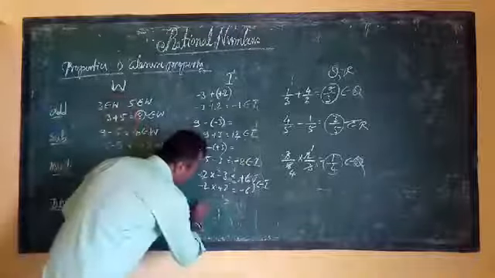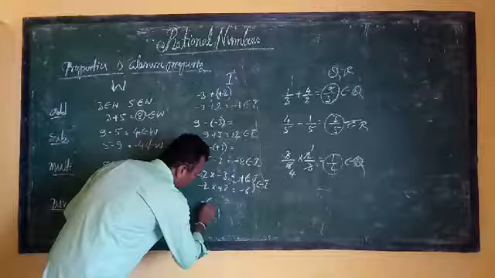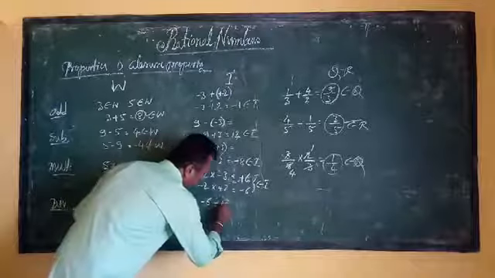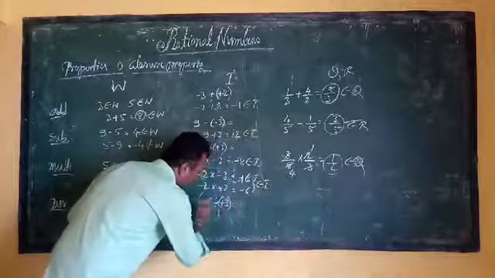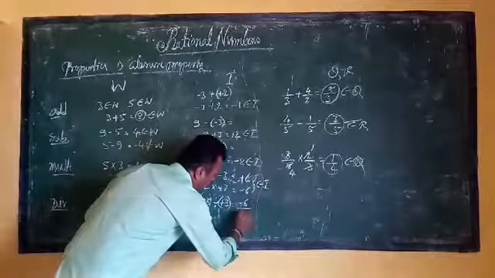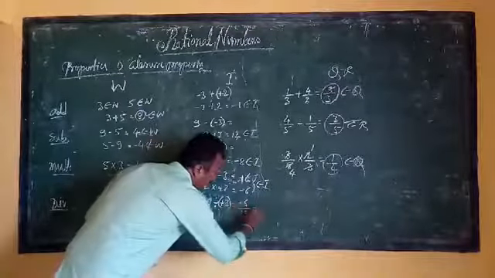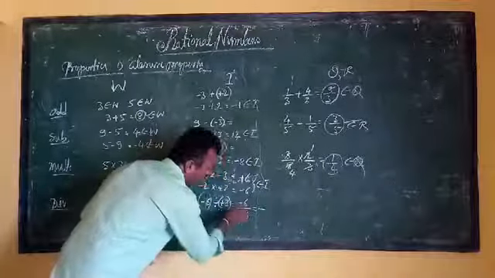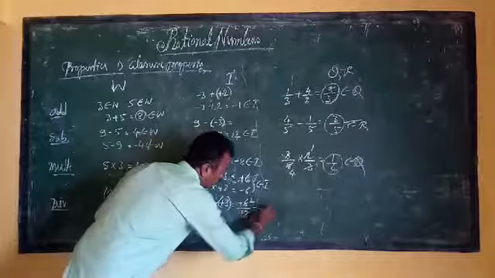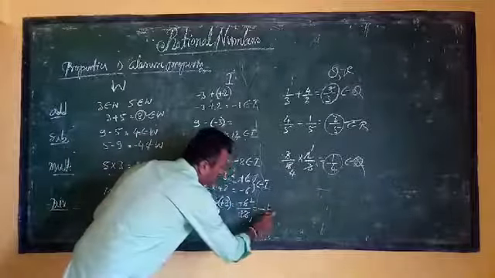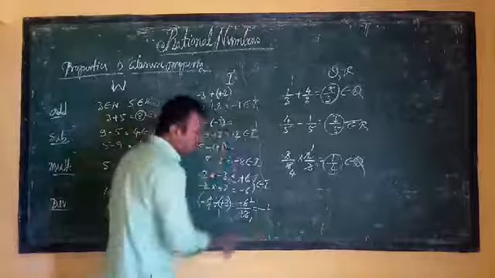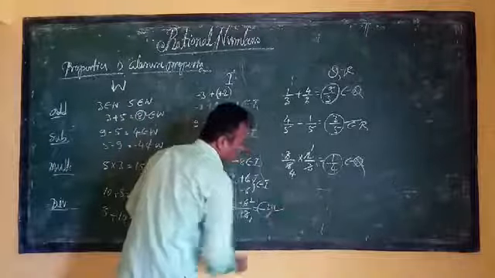Integers, you can take: minus 6 divided by plus 3. See, students, minus divided by plus becomes minus, 3 twos are 6, so minus 2. So minus 2 is an integer.